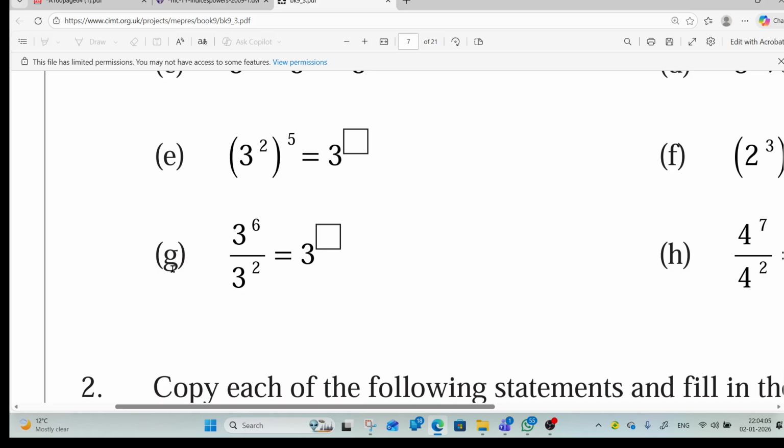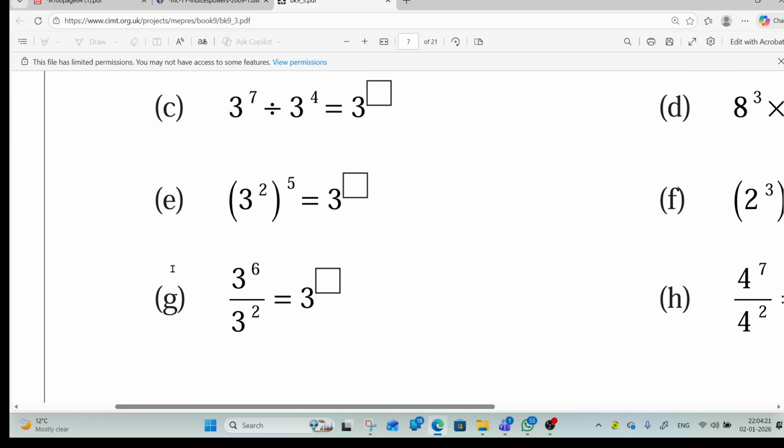What would you do with the power? Add or subtract? Subtract. Yes, so just do it. 6 minus 2 is 4. 3 to the power 4.